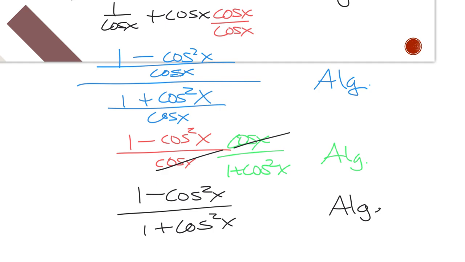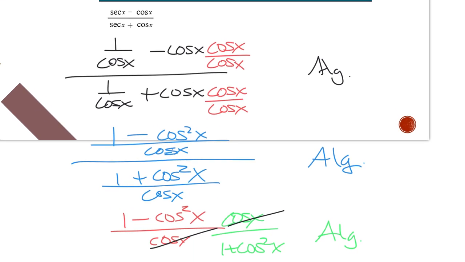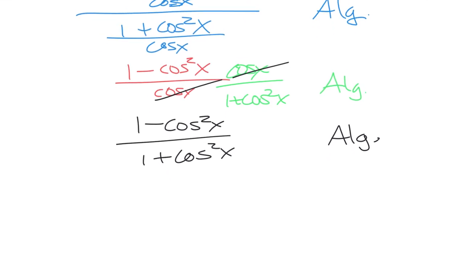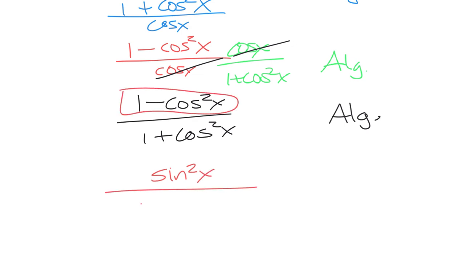Now, I think we're very close to our answer because, let me go back up to what we're trying to find. We're actually trying to write sine squared over 1 plus cosine squared, which, in fact, we just have to rewrite this as sine squared of x because this is that Pythagorean identity. So we are essentially done by that Pythagorean identity here.